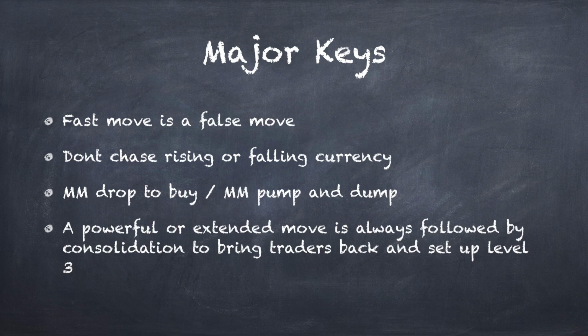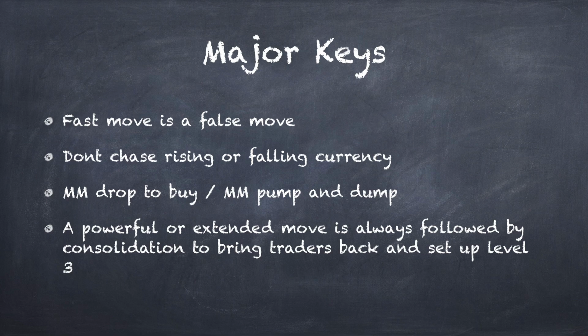A powerful or extended move is always followed by consolidation to bring traders back and set up level 3. So a big move or an extended move is always followed by consolidation. What happens typically when you get a big spike up in one direction when news hits, right?